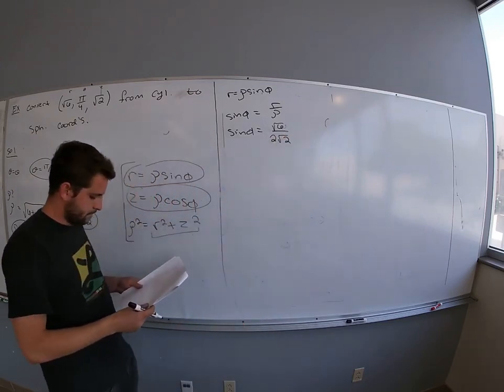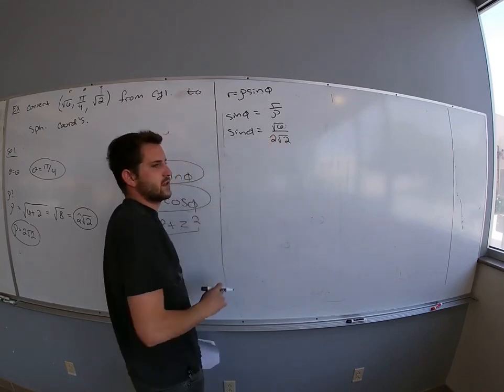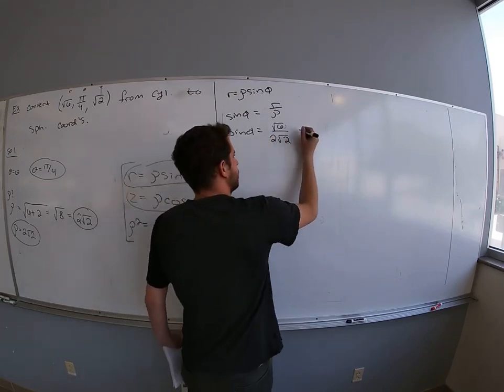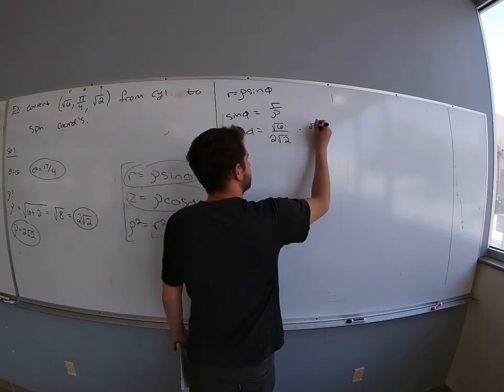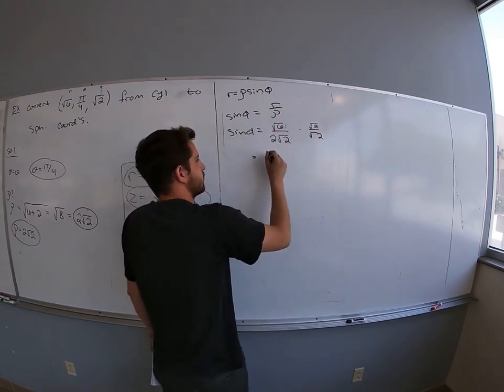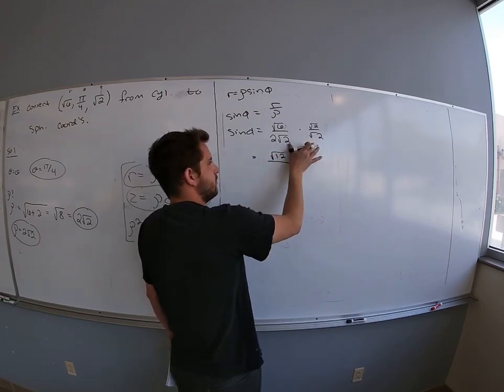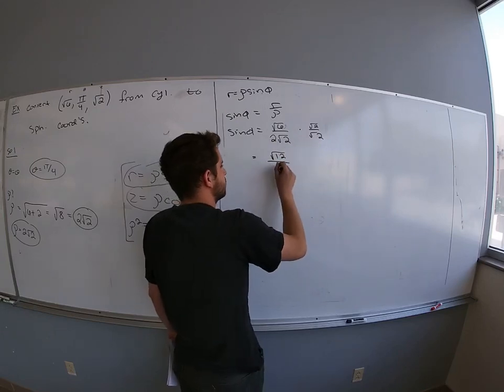Now, from right here, this doesn't look very familiar to me, but let's see if we can work this. How about I multiply by the square root of 2 over the square root of 2? What would this give me? This would be the square root of 12. These guys would cancel each other out to just give me 2. The square roots will cancel. And so this is just 2 times 2, so this is 4.